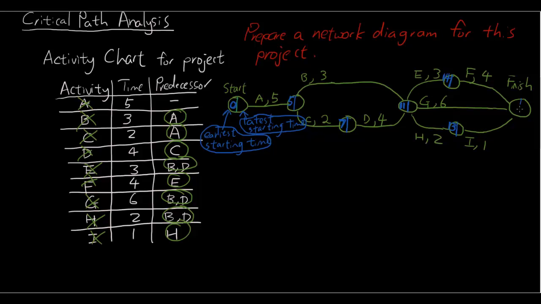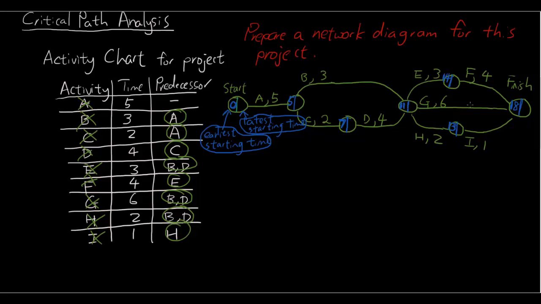Now, the finishing point, we have 3 activities merging onto the finishing point. So either 14 plus 4, which is 18, or 11 plus 6, which is 17, or 13 plus 1, which is 14. And obviously the answer is going to be 18. Right? Now why is it 18?